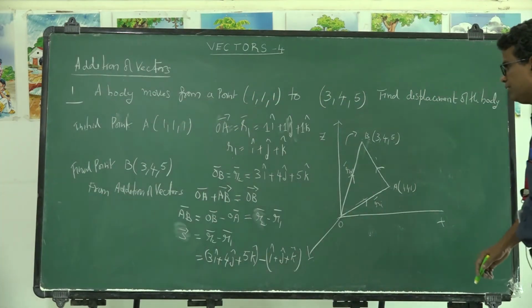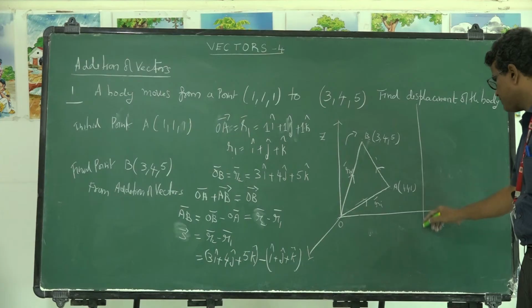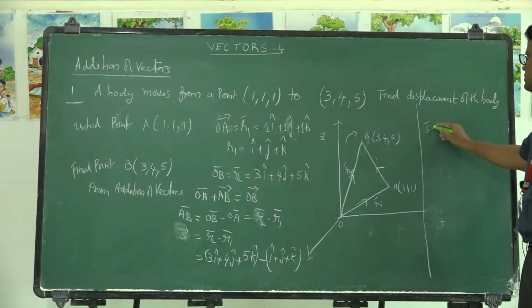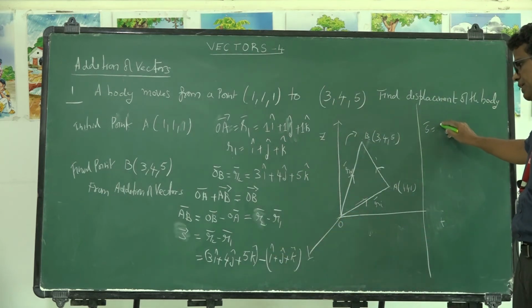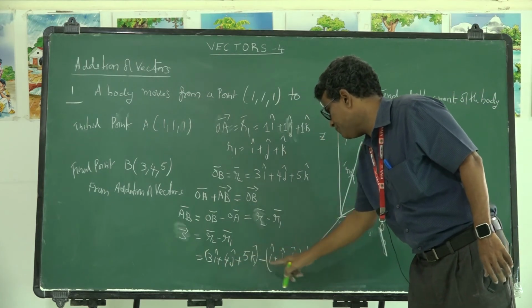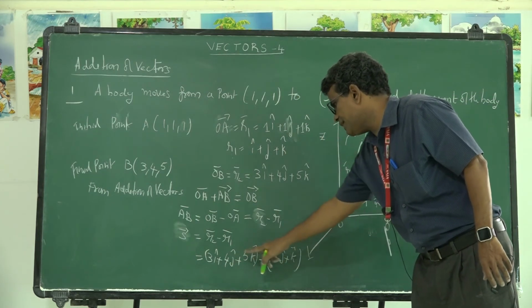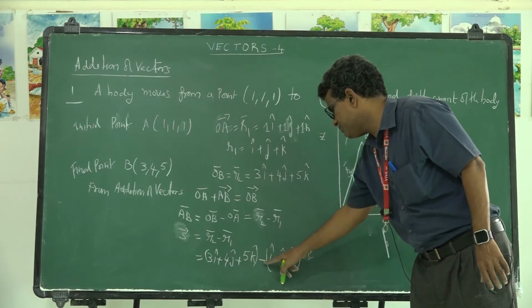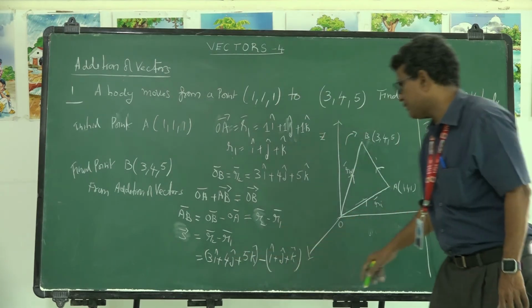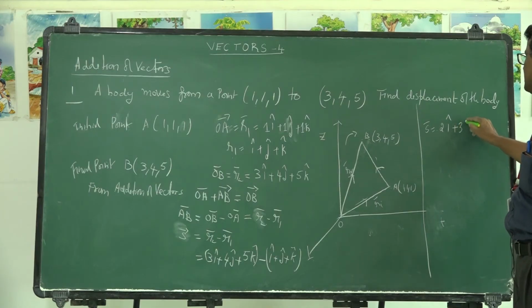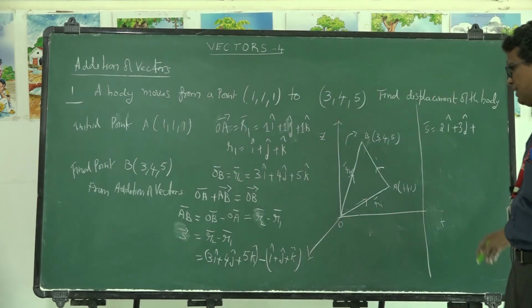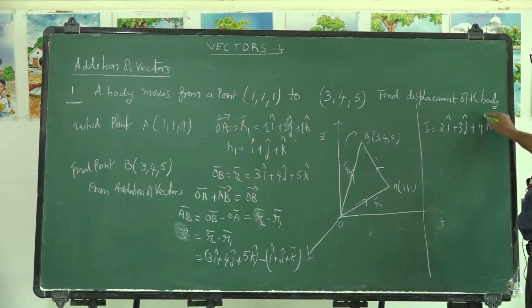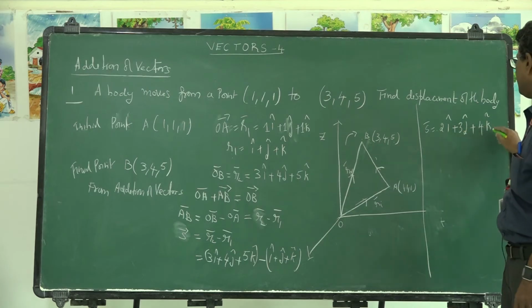S bar is equal to 3 i cap minus i cap, it becomes 3 minus 1, 2 i cap. 4 j cap minus j cap, you subtract, 4 minus 1, 3 j cap. 5 k cap minus k cap becomes 4 k cap. So this is the displacement vector.